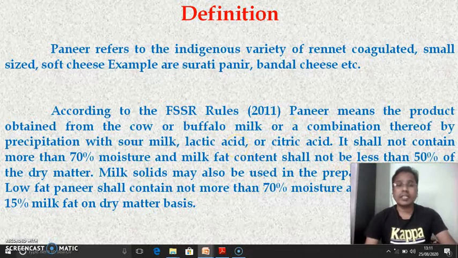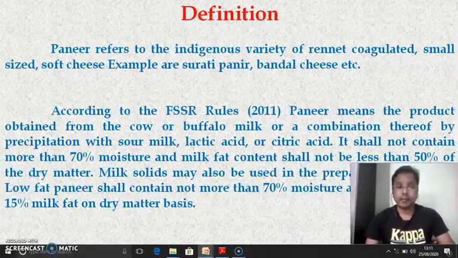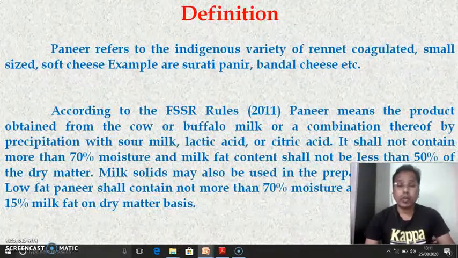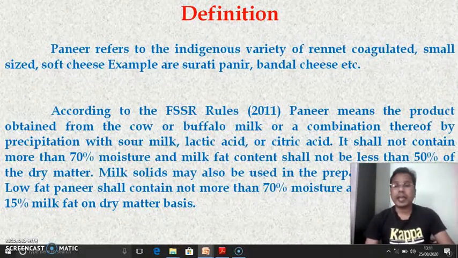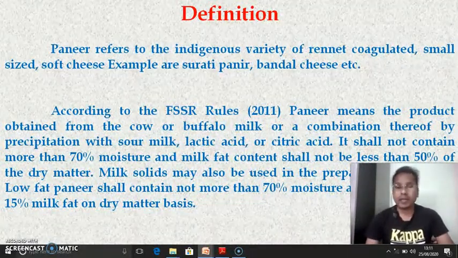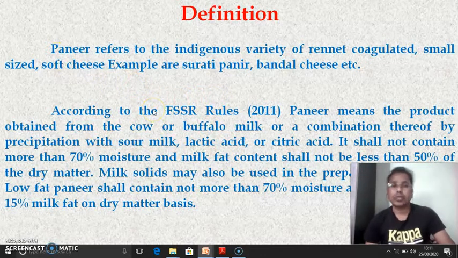It shall not contain more than 70% moisture, and milk fat content shall not be less than 50% on dry matter basis. Milk solids may also be used in the preparation of paneer. Low fat paneer shall contain not more than 70% moisture and not more than 50% milk fat on dry matter basis.